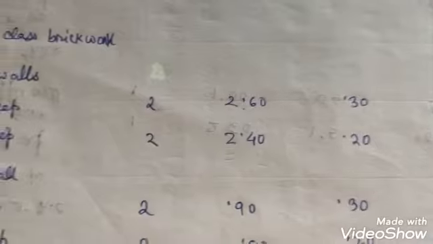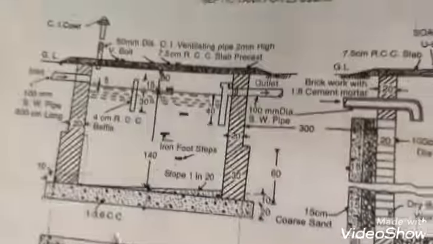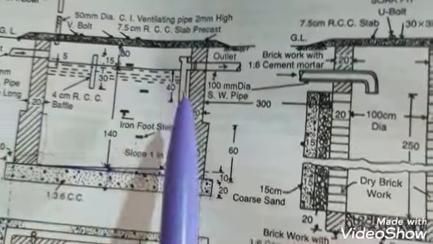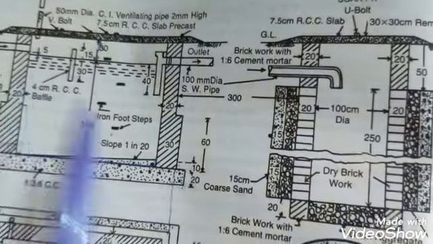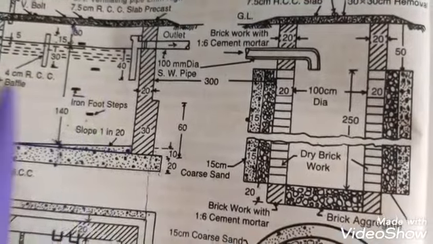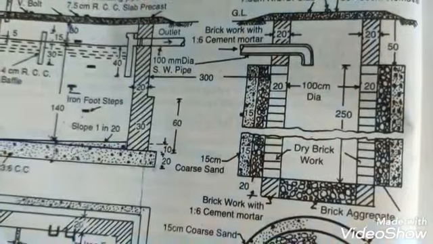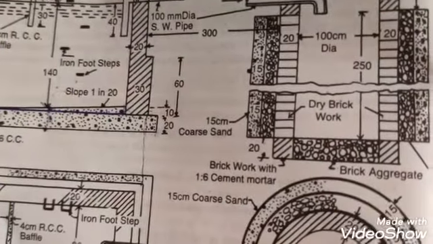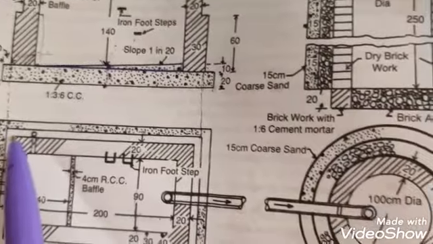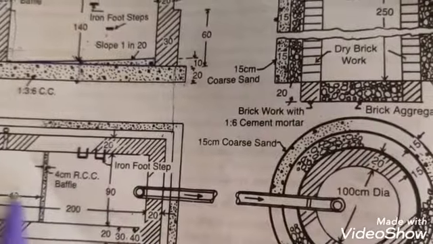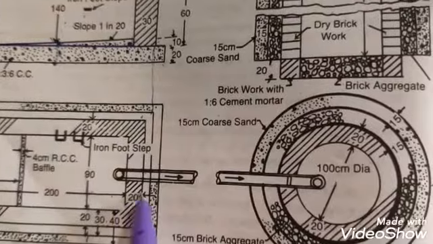Then let's go for the second step. This is the second step. It is very easy to find out from this drawing. This is 2 meter, this is 20, this is 20. So ultimately 2.4 from this point to this point. This is 2 meter plus 20 plus 20, 2.4.